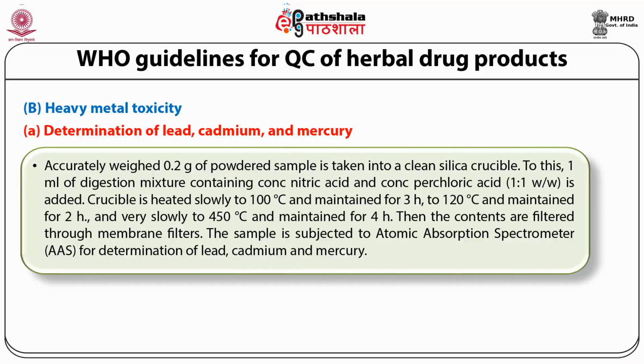The crucible is heated slowly, first to 100 degrees Celsius for 3 hours, then to 120 degrees Celsius for 2 hours, and very slowly to 450 degrees Celsius and maintained for 4 hours. Then the contents are filtered and the sample is subjected to atomic absorption spectroscopy for determination of these substances.